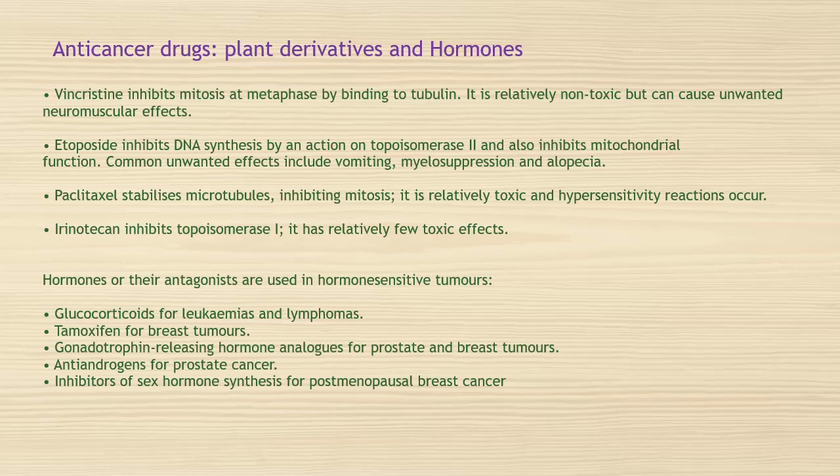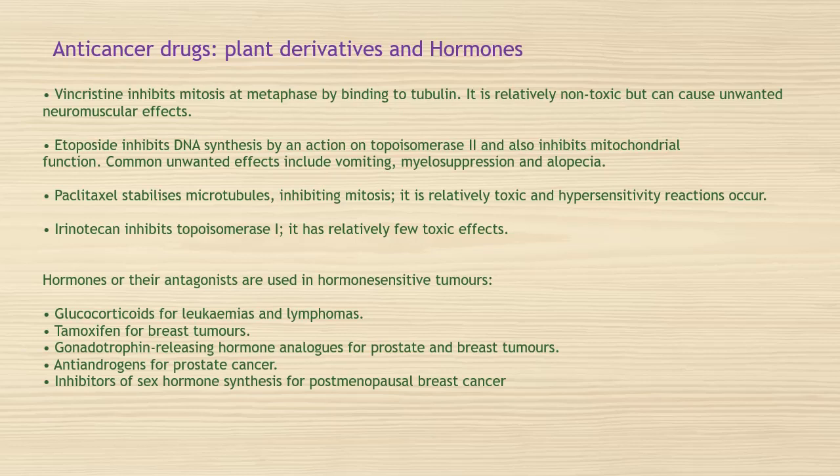Etoposide is another alkaloid which is derived from mandrake root. It acts by inhibiting the mitochondrial function and nucleoside transport, as well as an effect on topoisomerase 2, similar to that of doxorubicin. Then we have drugs like paclitaxel, which are derivatives of yew tree bark.